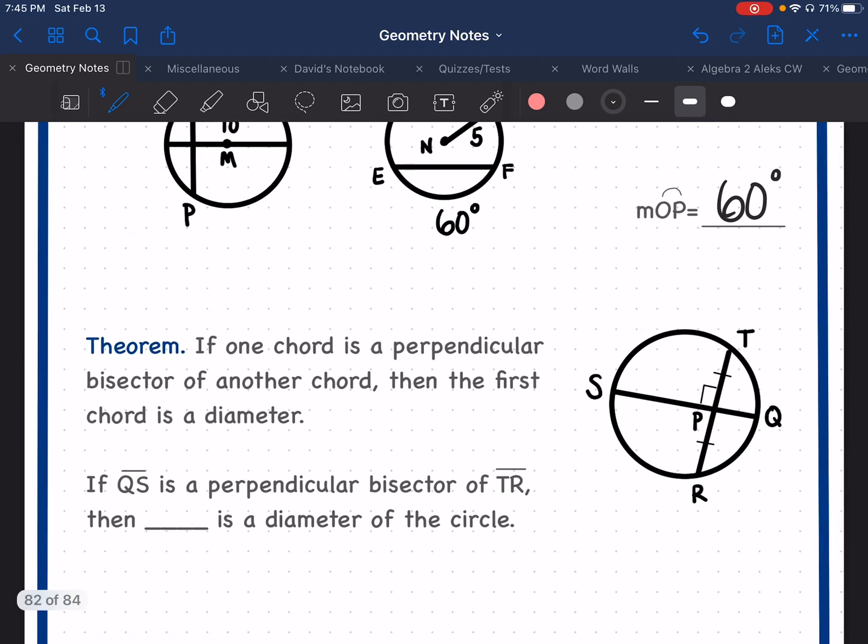All right, let's take a look at our next theorem. If one chord is a perpendicular bisector, let's go back and remind ourselves what perpendicular means. Perpendicular means, this is my symbol for perpendicular, which means I have a 90-degree angle. And you can see that right here in your picture.